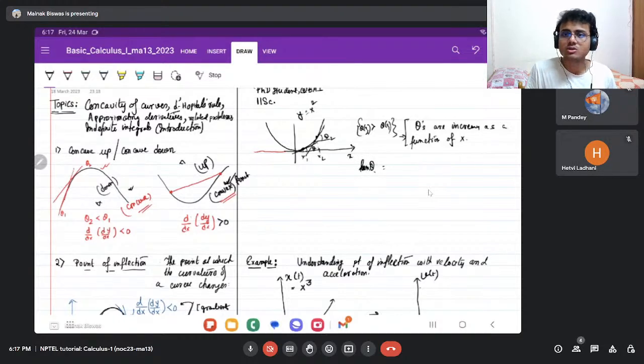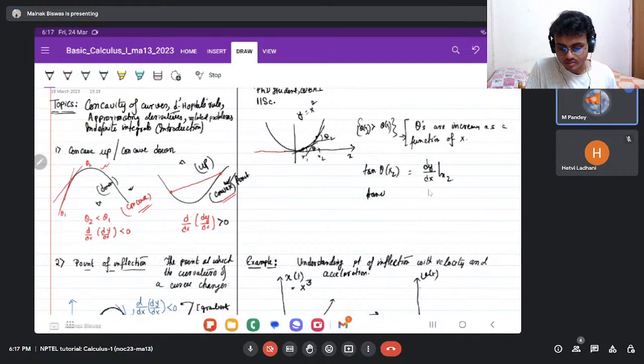So am I audible? I don't see any responses today. Tan theta of x2 can be written as dy by dx at x2. Similarly, tan theta of x1 can be written as dy by dx at x1.